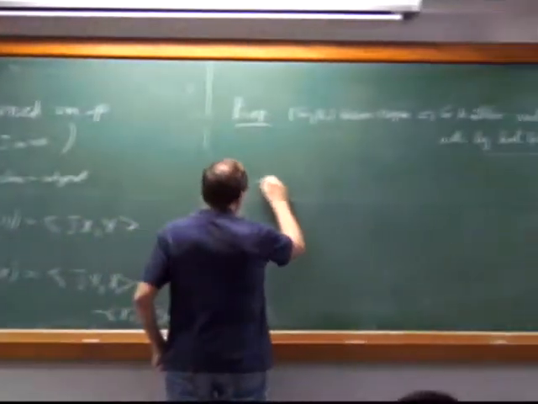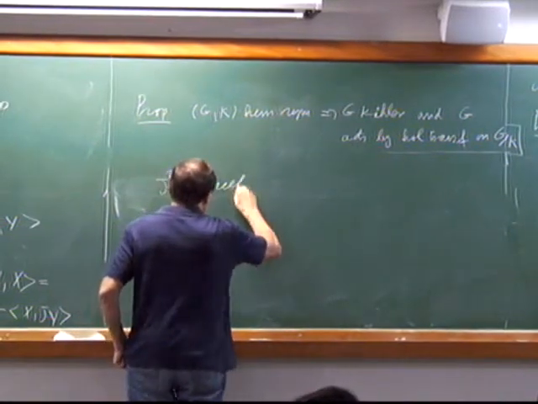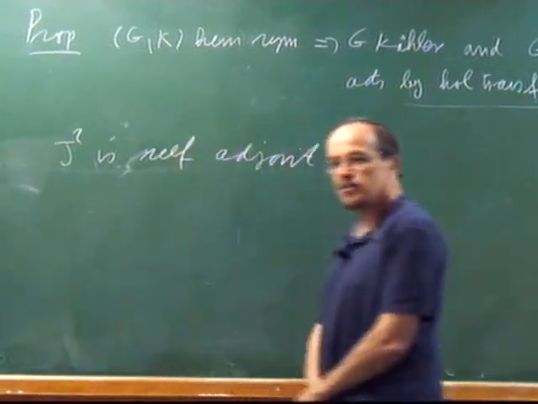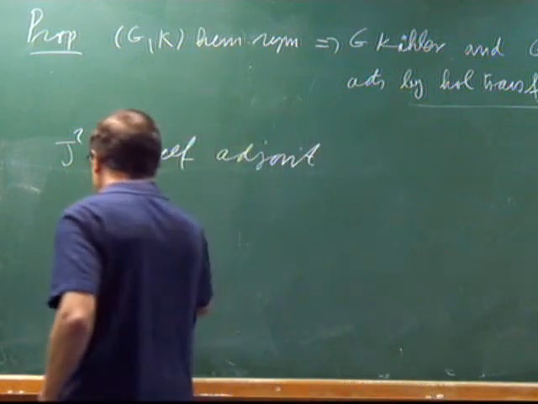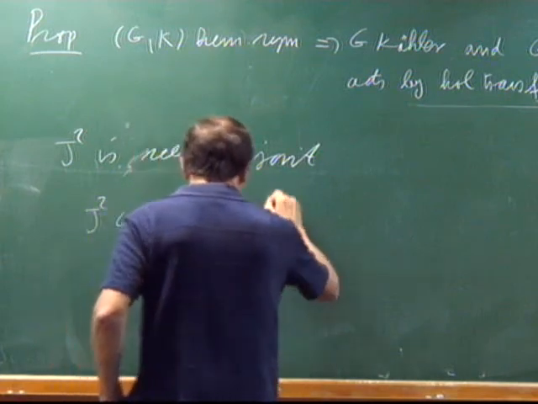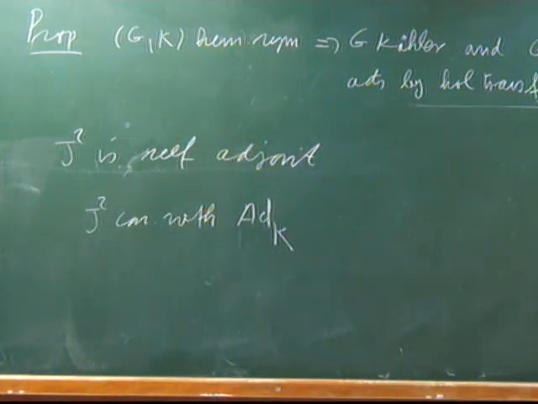But I can do the following. I claim that J squared is symmetric or is self-adjoint. If I take a skew symmetric, its square is symmetric. So skew adjoint squared is self-adjoint. Because it also commutes with Ad K. What does that imply? I'm sure that it is a multiple of the identity.